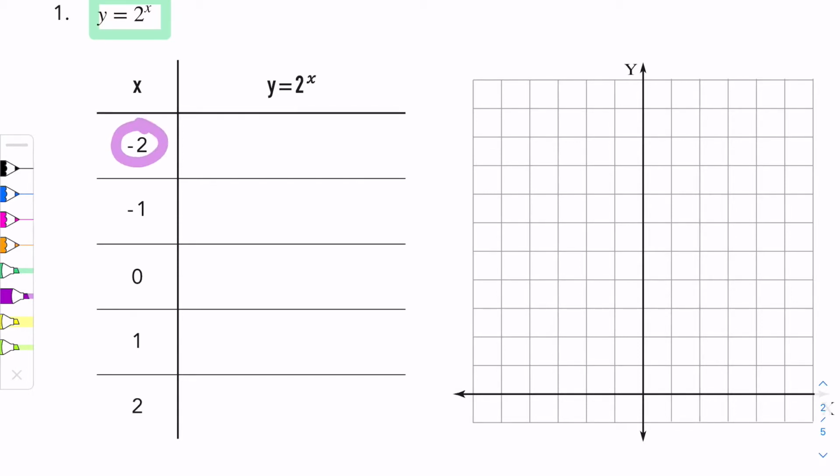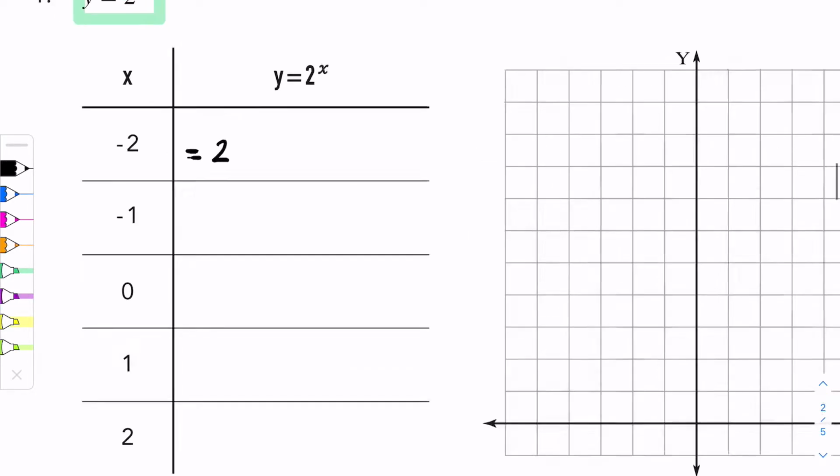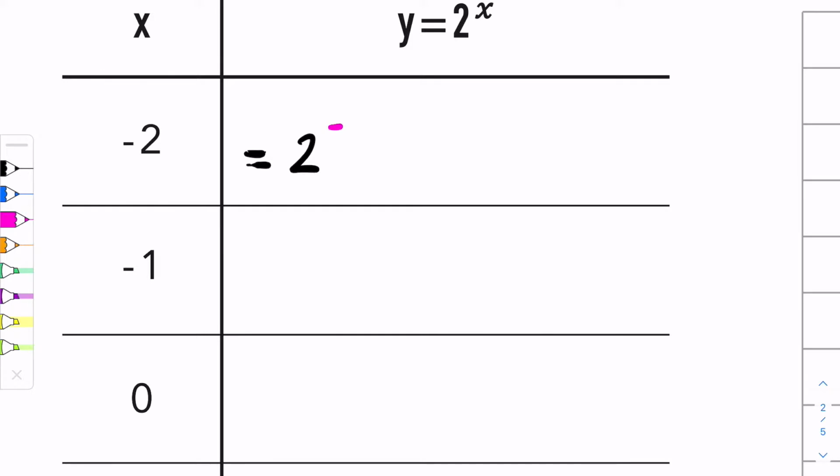Starting with -2. If we substitute -2 into the function, we have 2 raised to the power of -2. Well, any number raised to the power of a negative value will become positive if you write it in the opposite location. This becomes 1 over 2 to the power of positive 2. We just eliminated this negative value, which is what we want to do.